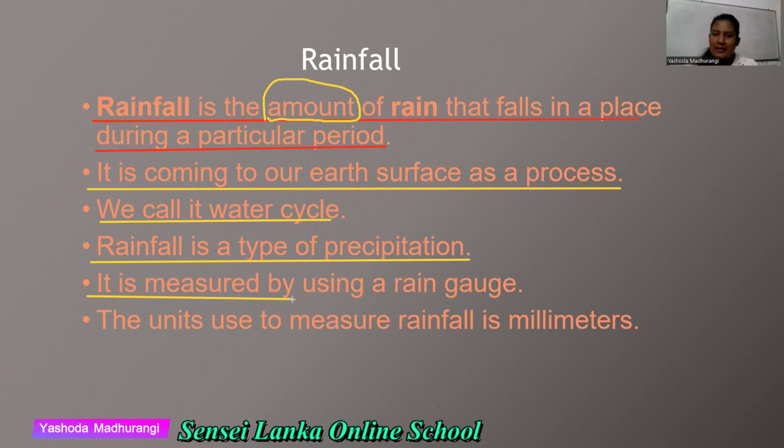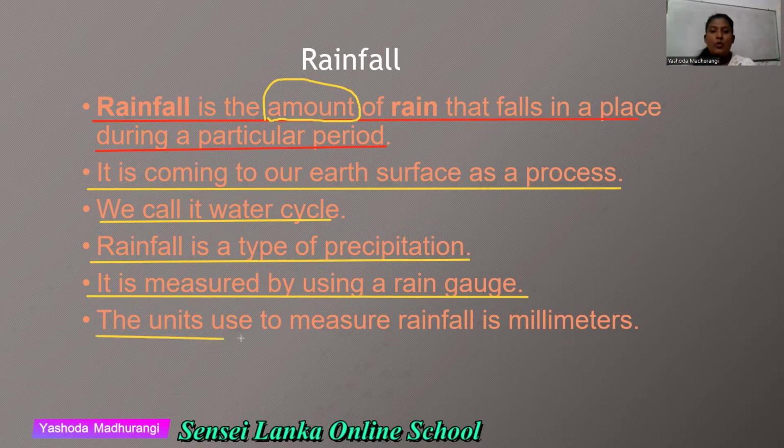Now, can you remember the word measure? Maninawa. Temperature, we measured using the thermometer. Now the rainfall, how can we measure? There is an instrument. It is the rain gauge. Varshamanaya, rain gauge.